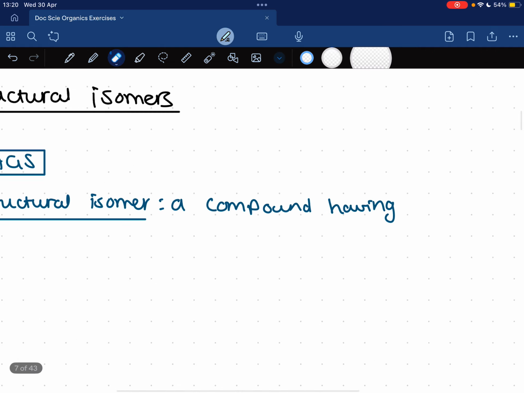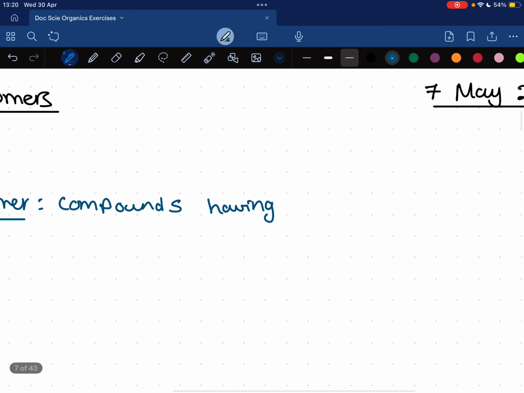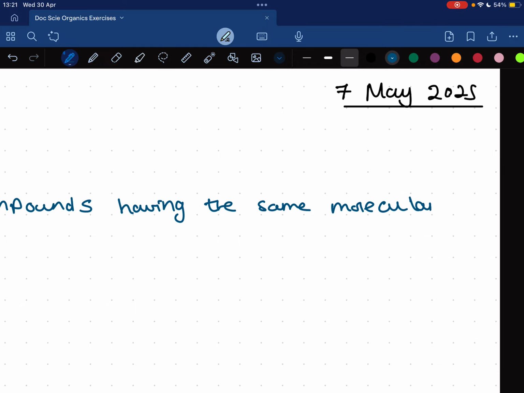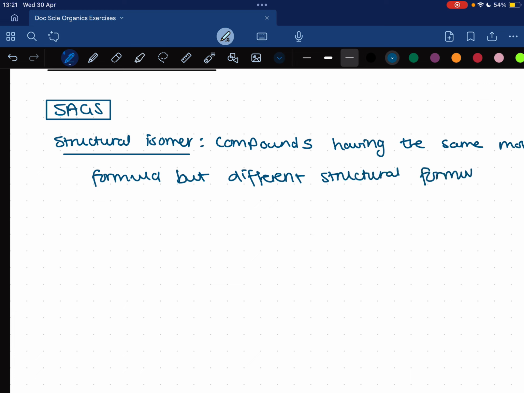compounds, because it would be two, right? Compounds having the same molecular formula but different structural formulae.